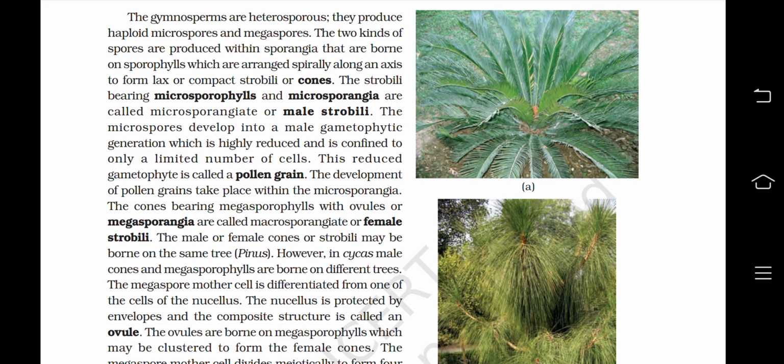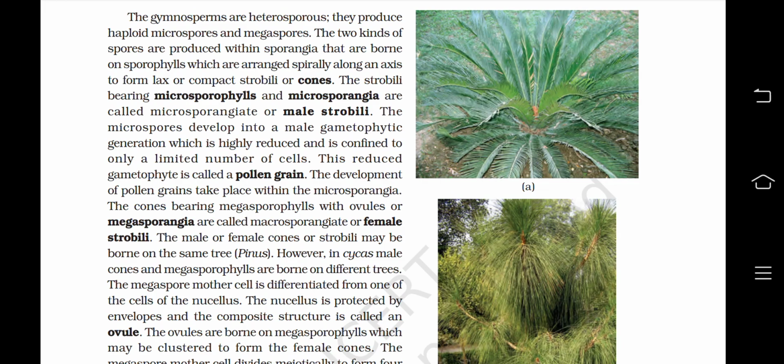The two kinds of spores are produced within sporangia that are borne on sporophylls, which are arranged spirally along an axis to form lax or compact strobili or cones. The strobili bearing microsporophylls and microsporangia are called microsporangiate or male strobili.